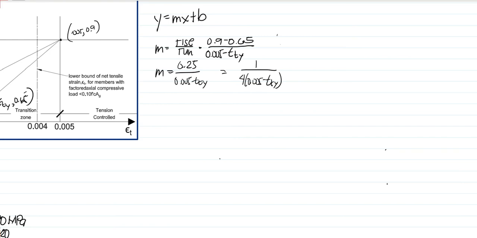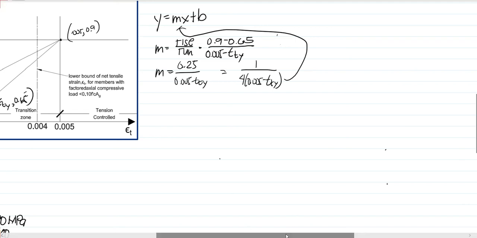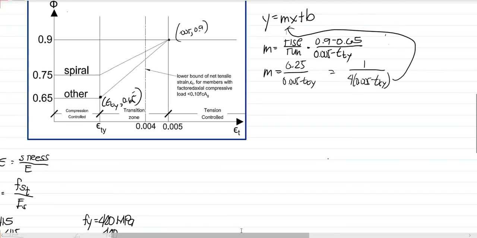Siyempre, after getting the slope, we will proceed in getting the value of our y-intercept. So, our y-intercept will be produced by substituting the value of the slope, then getting the ordered pair or getting a coordinate from the line. So, let's say, ang kunin nating coordinate will be ito, yung epsilon t sub y and 0.65.